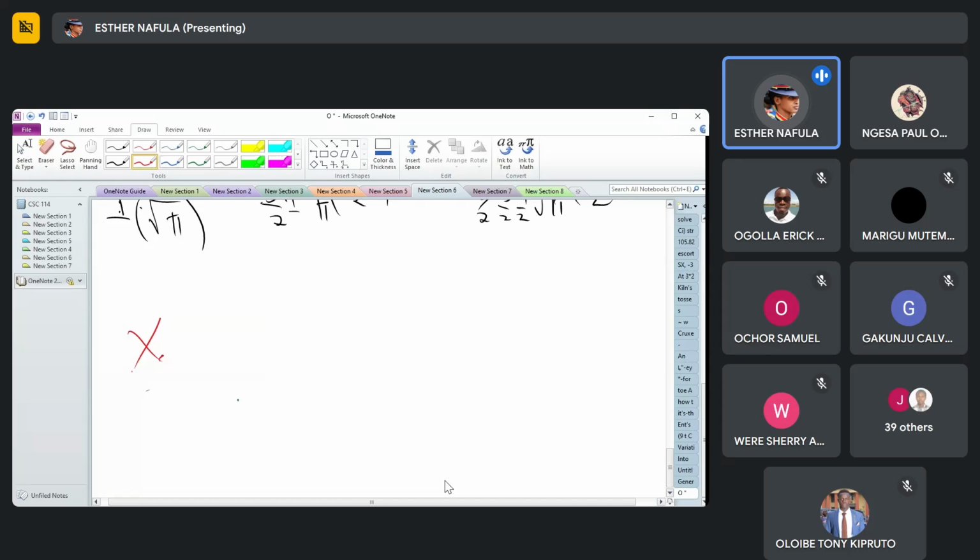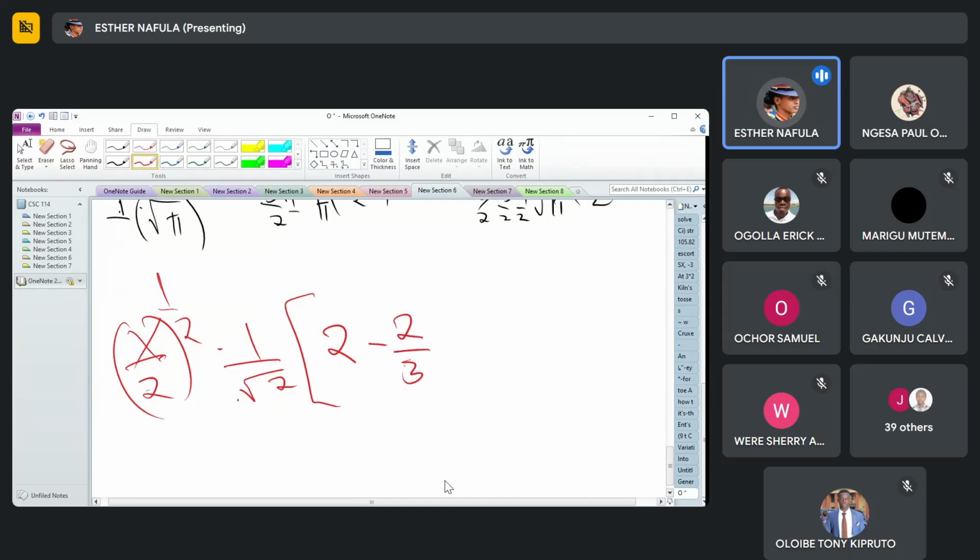When you factor out x over 2 raised to power half times 1 over square root of 2, this is what you should get: 2 minus 2 over 3 factorial times x squared plus 2 over 5 factorial times x power 4 minus 2 over 7 factorial times x power 6, and so on.